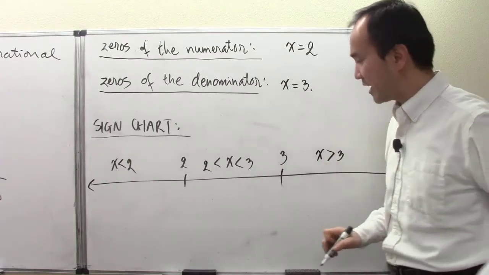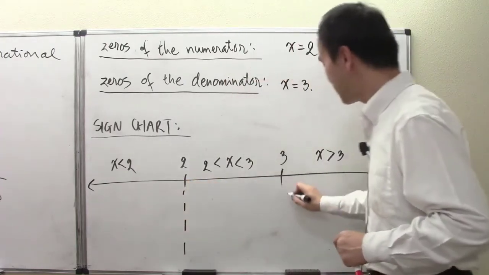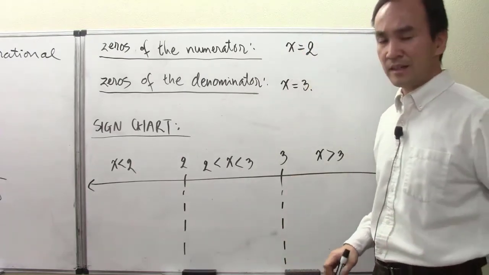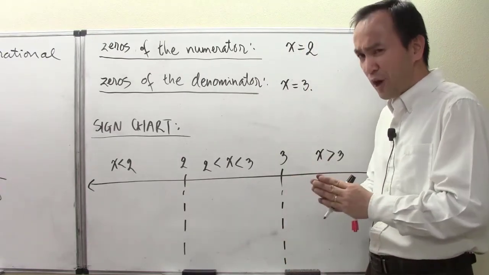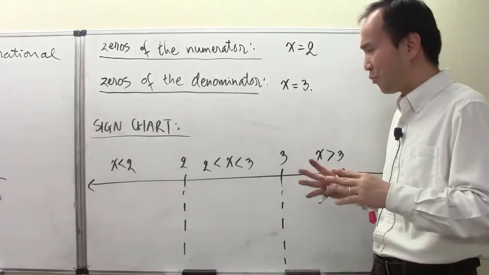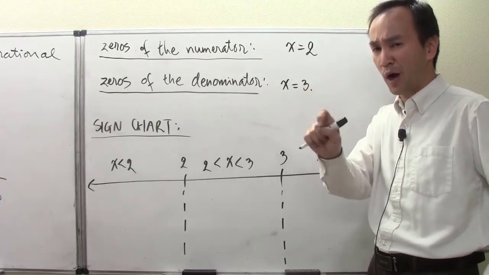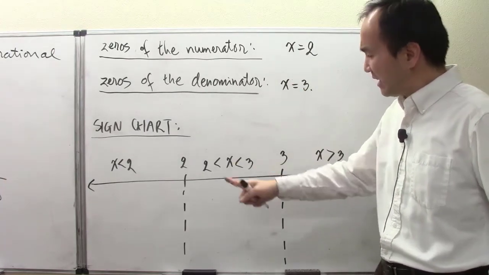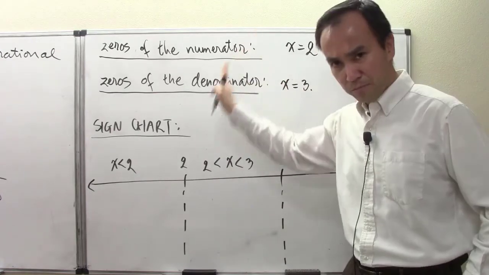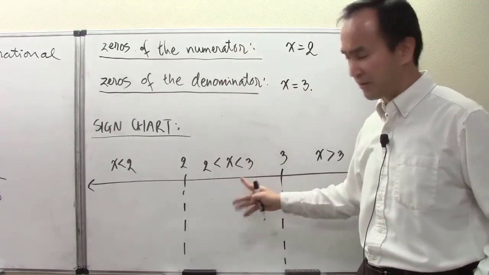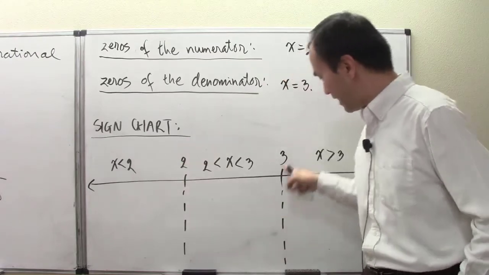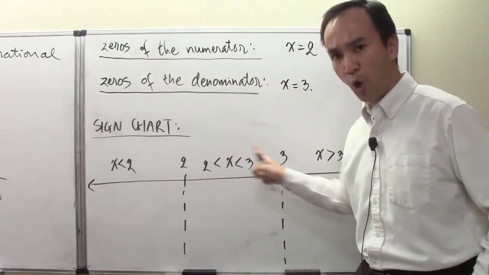Anytime we're solving these rational inequalities and placing these zeros on the chart, I always leave the intervals open at the start.